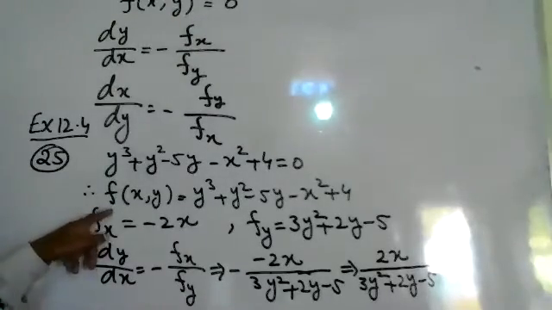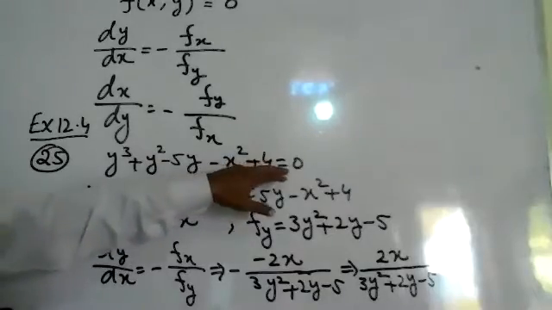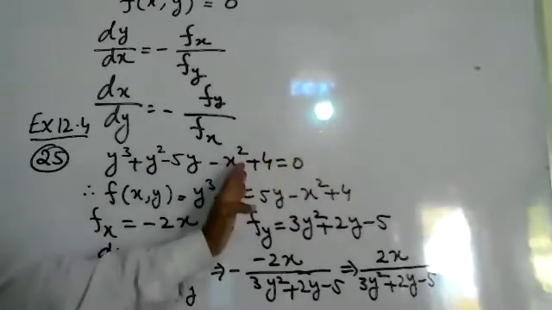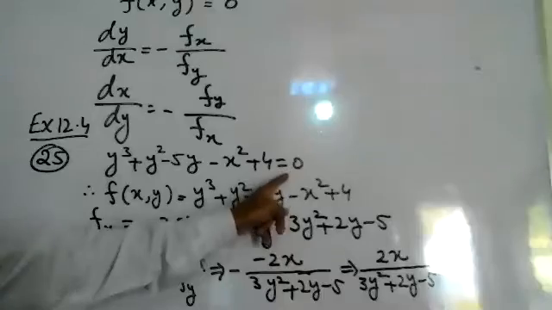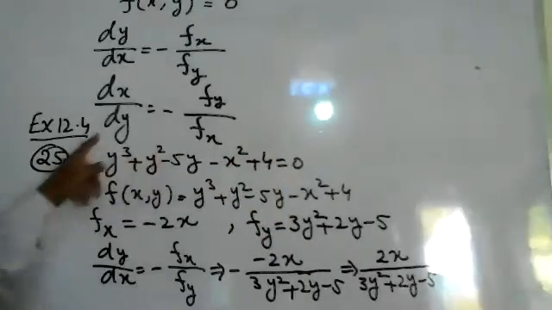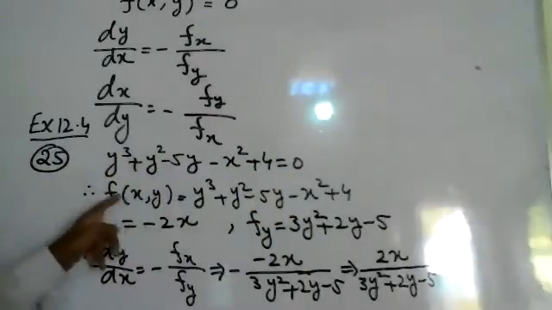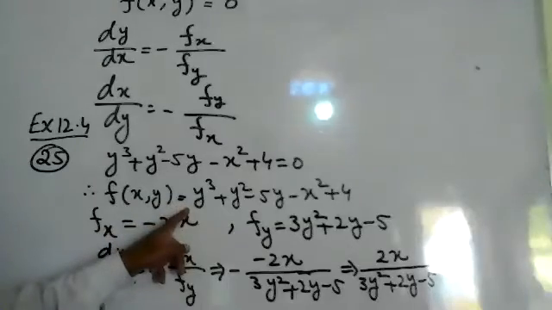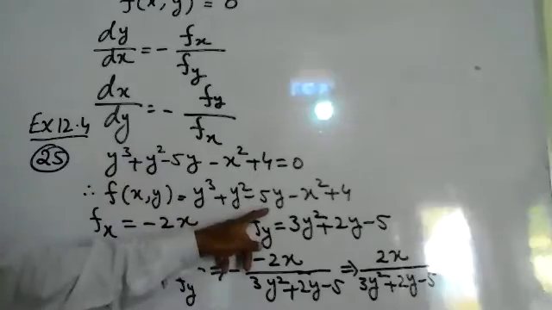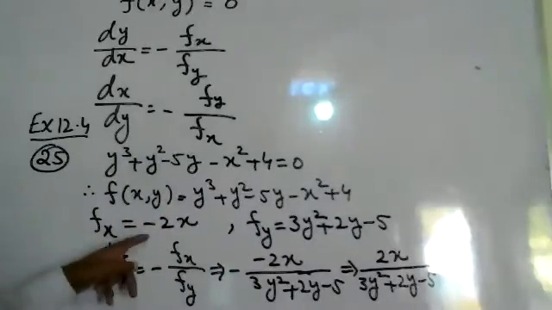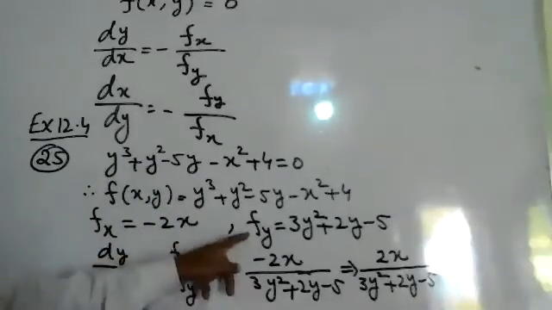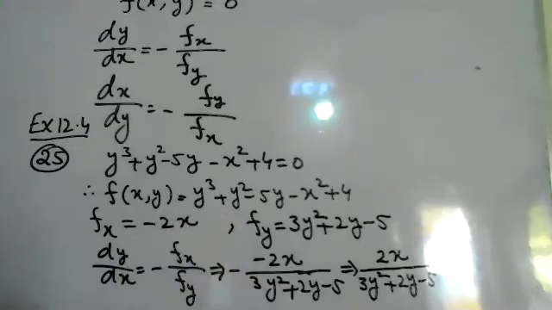We bring everything to one side to make it equal to 0. If it is not equal to 0, the other terms are shifted to that side so that it becomes 0. Then this function is considered as f of xy. First we find f of xy, the next step we find f of x, then f of y. The fourth step is to find dy upon dx by using the formula minus f of x upon f of y.